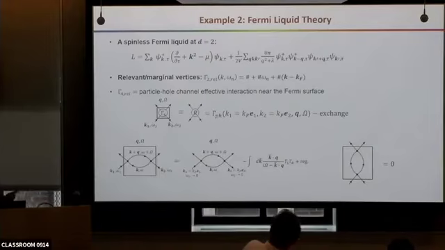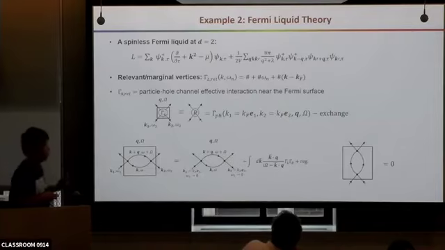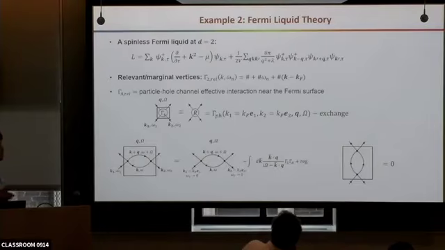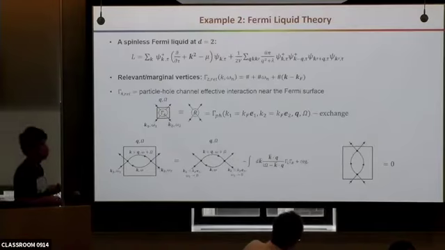So basically, that means after we apply this projection, what it projects out is a coupling function, not a coupling constant. And this projection is doing several things. One thing is it projects out the particle-particle channel. So if it applies to a particle-particle diagram, it will send it to 0.